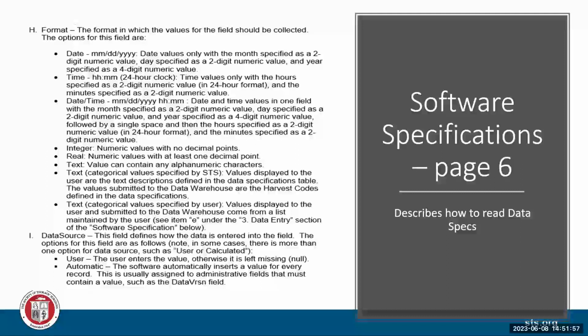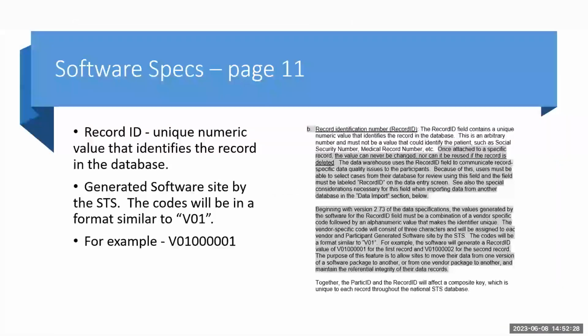Then it tells you what a real number is: a value with a decimal point. And then it tells you what a text value is, which basically means it can contain any alphanumeric characters. It also tells you what a data source is. So it tells you how to read your data specs, in some of these terms that you may or may not be familiar with. So it's a great resource. Page 11 is another really good resource.